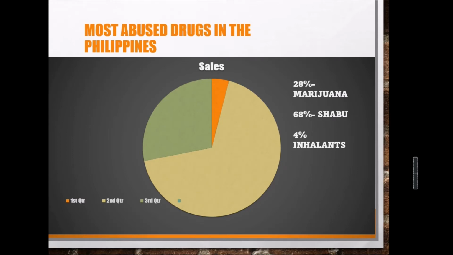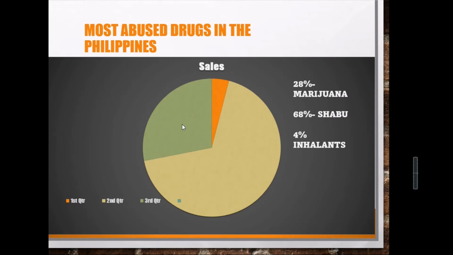Okay, so we have here 28% marijuana, 68% shabu, and 4% inhalants or any other drugs that you need to inhale. So, looking at the chart, what part of this chart, or just tell me the color, wherein marijuana belongs? Green color. 28%.